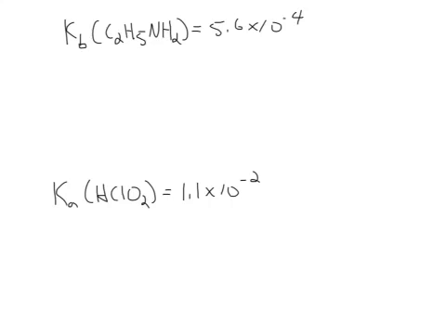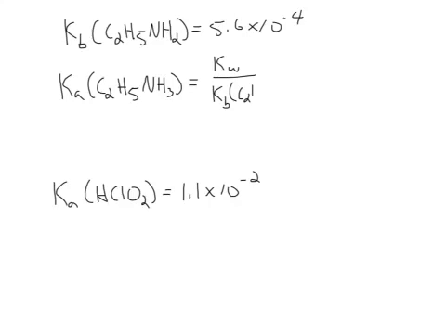But we can use the fact that the Kas and Kbs of conjugate acid-base pairs are related. So that means that the Ka of our cation is equal to Kw over the Kb of C2H5NH2.